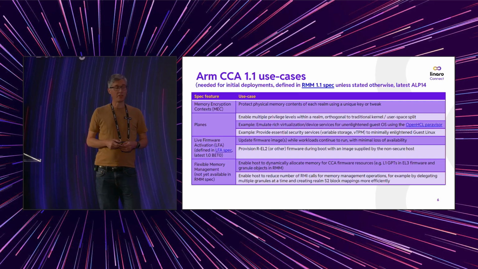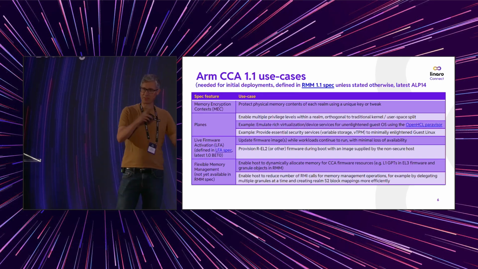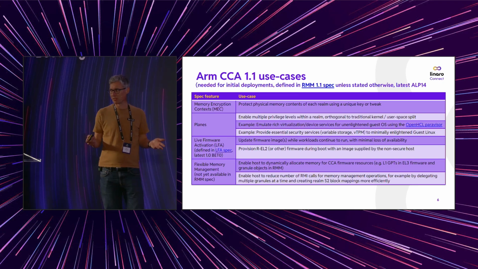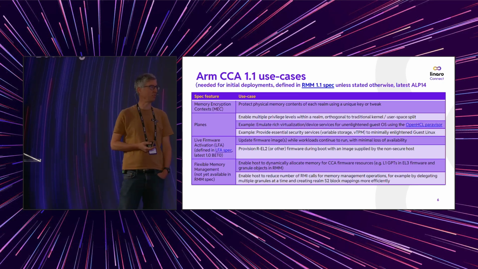Live firmware activation is another specification that is not strictly part of the CCA specification suite, but it has a relevance outside of CCA as well, for other firmwares where you want to do hitless or rebootless firmware updates, which are the other terms you hear for it. The main use case here is being able to update your firmware without rebooting your entire machine, keeping your cloud or server uptime with as minimal loss of availability as possible.